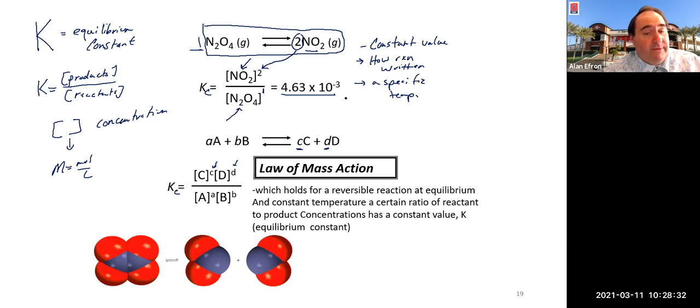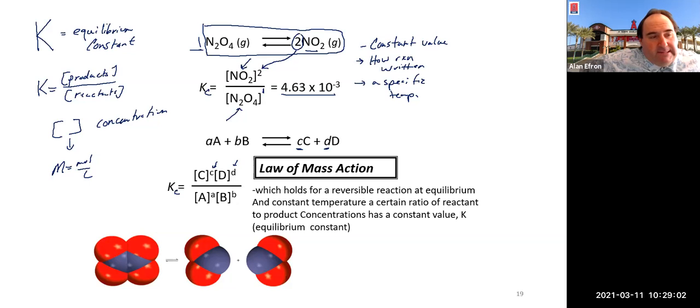So if temperature remains relatively the same, the value that you get for the equilibrium constant will be the same. What that means is, for example, if we did this reaction at the top of the page, and let's say we did multiple experiments. In the first experiment, we started with 4 molar of our reactants. In the next experiment, we started with 2 molar. And in the last experiment, we started with 2 molar of our reactants, maybe 3 molar of our products.